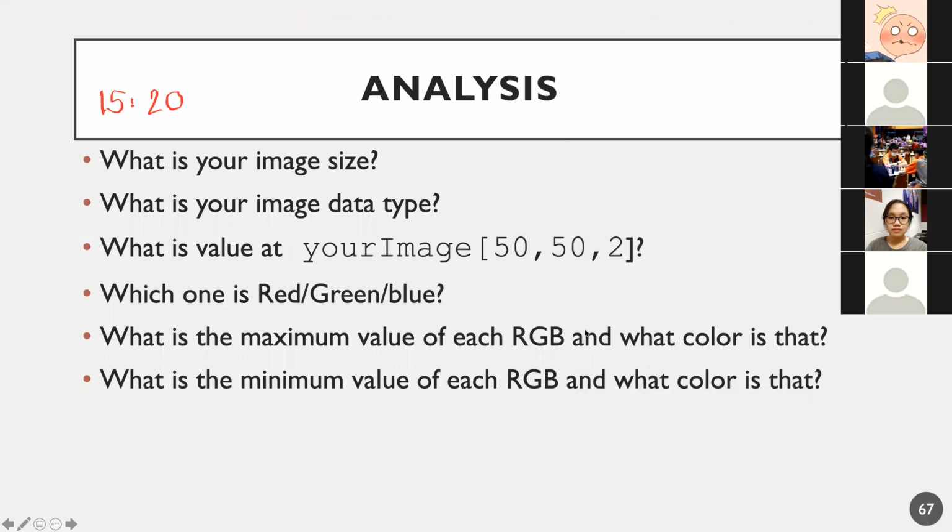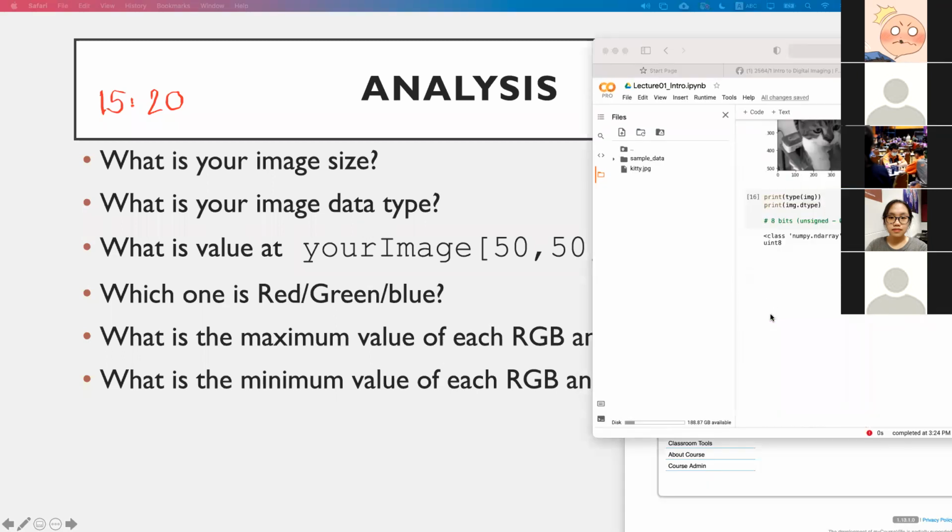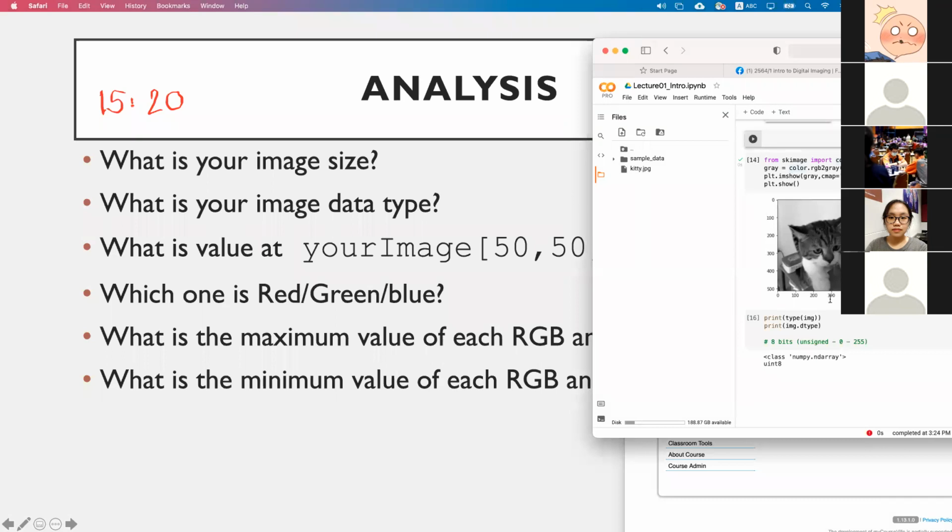And for the maximum value, you can use numpy.max, or you can use max, which is the built-in function in Python, to find the maximum value. But I think you have to choose the dimension as well for each of them. Let me try. It's not working with max because it is a NumPy array, right? And if I use np.max on the image, probably error.